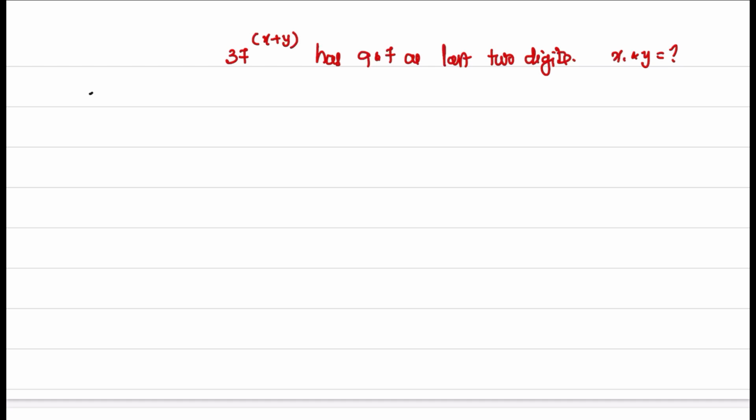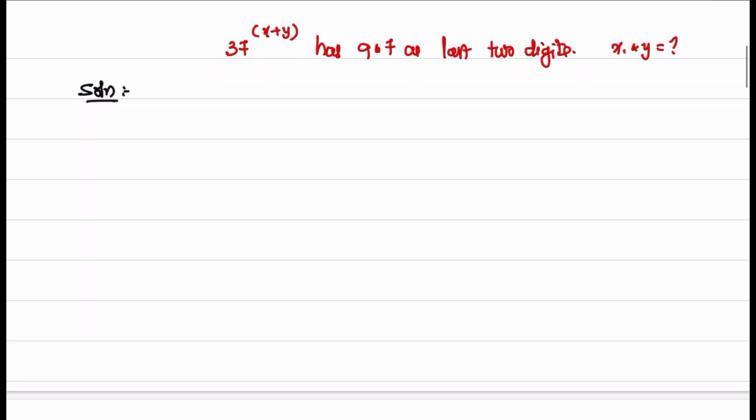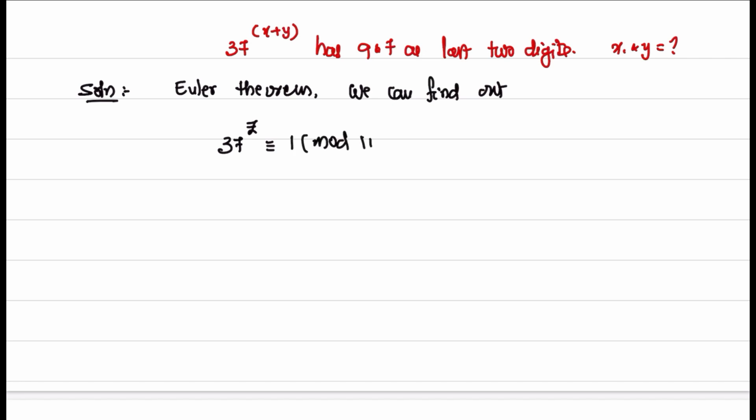A simple method to solve is, because we have to find the last two digits, from the Euler theorem, we can find 37 to the power of some z equivalent to 1 modulo 100.